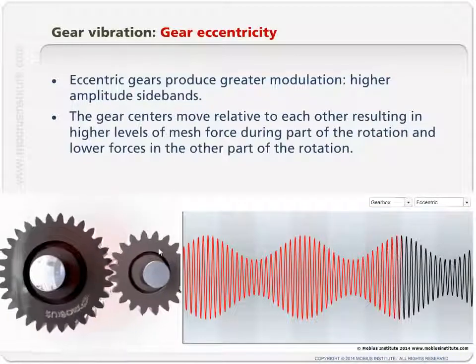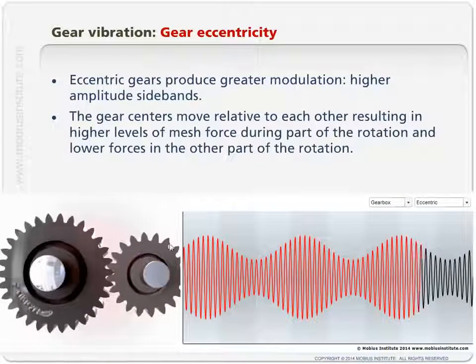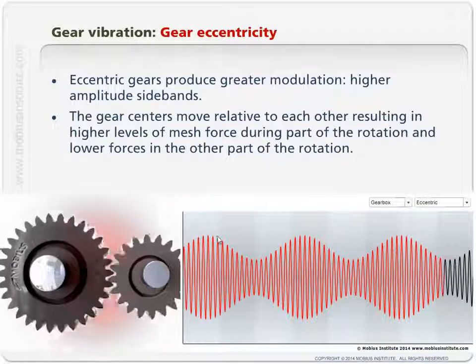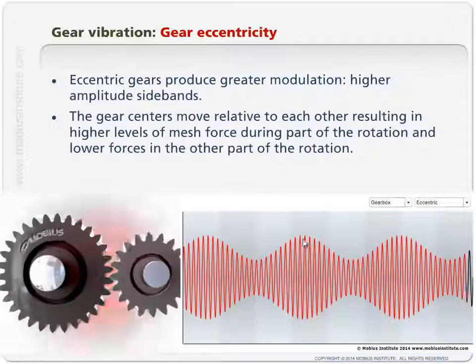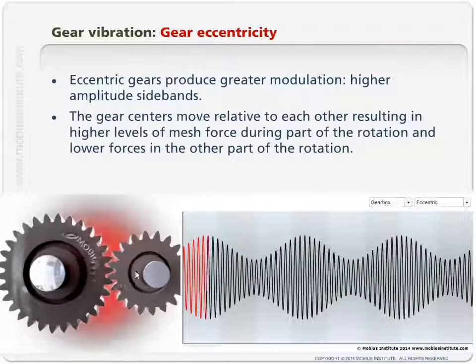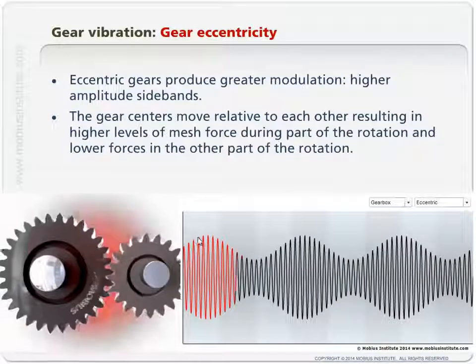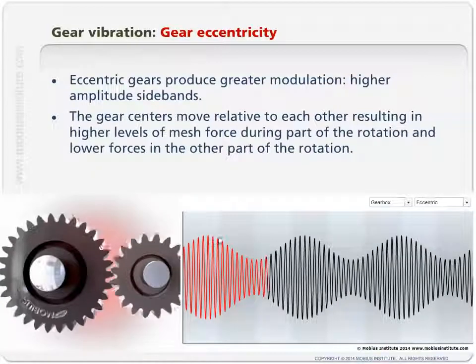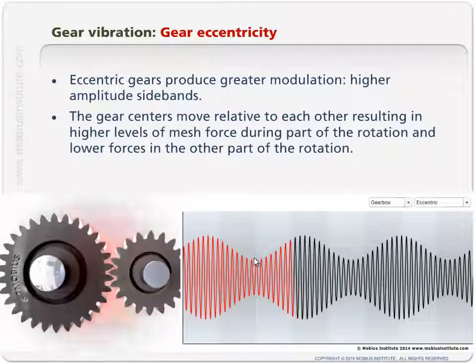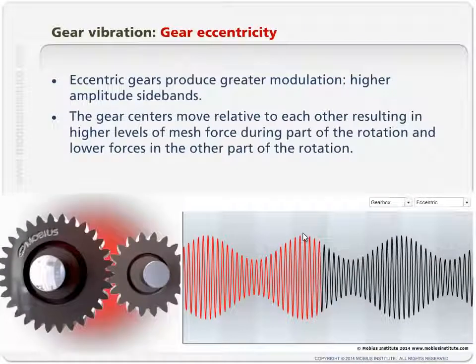In this case, we're seeing this rotate around. From the top here to the top there is one rotation of this eccentric gear. So it rises up when the force is greater, falls down when it's weaker, rises up when it's greater.